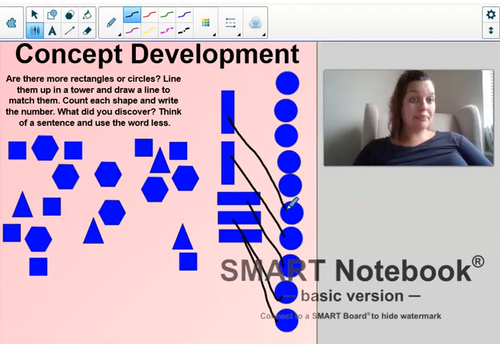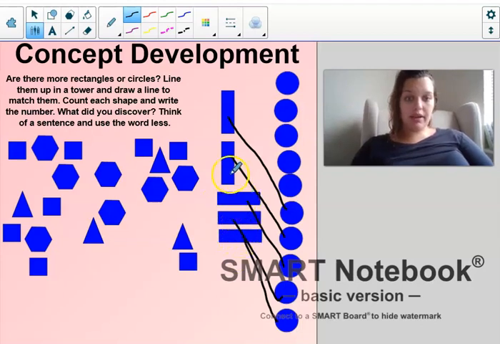What's my next step? I'm going to count how many rectangles and circles I have. Very good. 1, 2, 3, 4, 5 rectangles. And how many circles? 1, 2, 3, 4, 5, 6, 7, 8, 9, 10. So I have 10 circles.